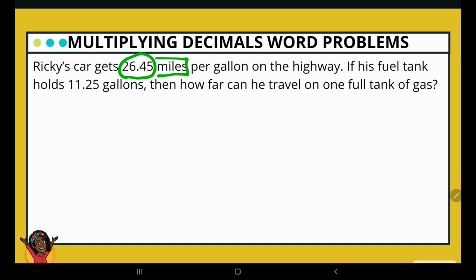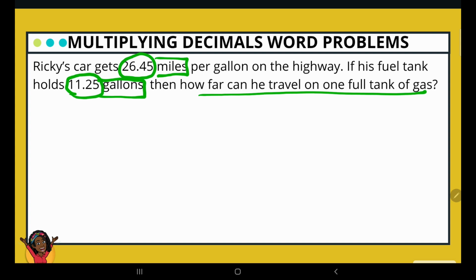If his fuel tank holds 11.25, then to fill up his tank, he can get 11.25 gallons in there. So we need to take into consideration that 26.45 miles is for 1 gallon and 11.25 is the total amount of gallons that his car can hold. How far can he travel?